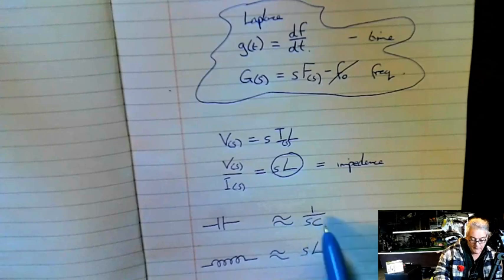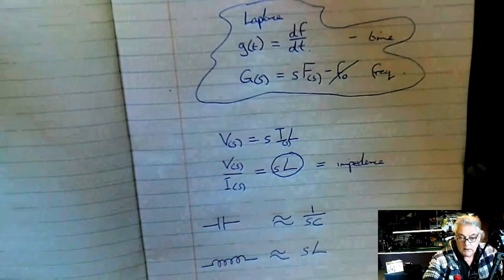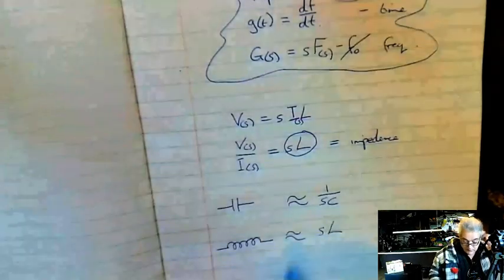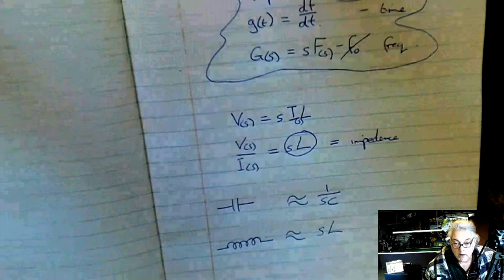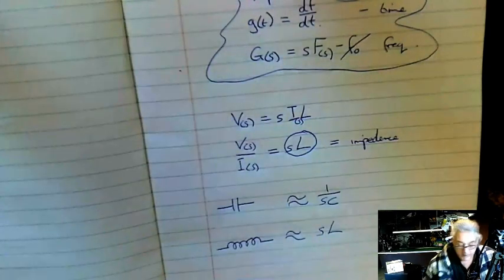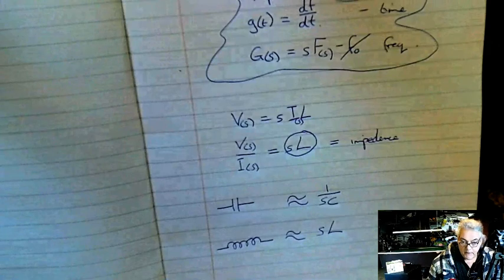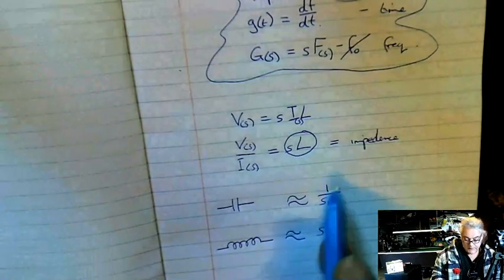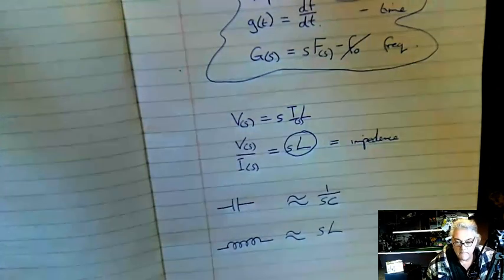So we have two representations of the impedance inside a circuit of these two complex objects, because what it means to be complex is that it's going to have a magnitude and a phase, but now we've got it down to this simple form here where we can take any circuit and analyze it.